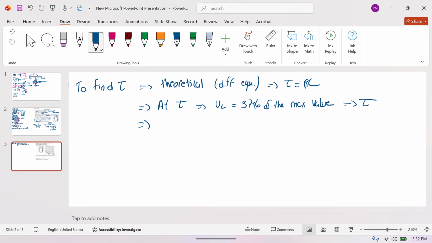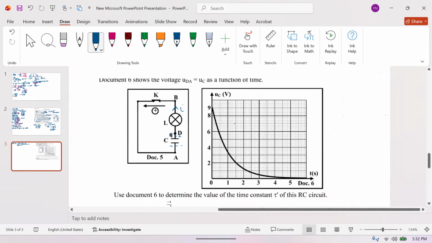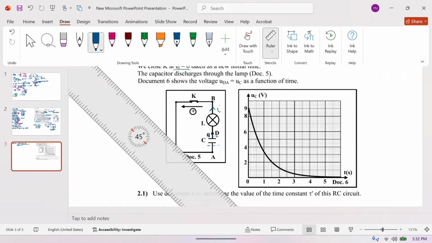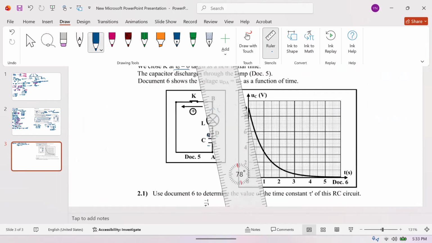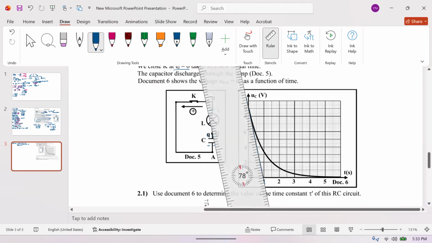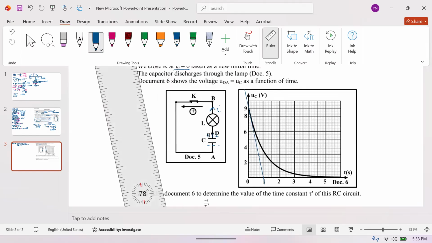The third way, and it is also a graphical way, they draw the tangent for us at t0 equals 0. Usually, they draw the tangent here. Let me use my ruler. They draw it mainly like this. And they ask you to find tau graphically.